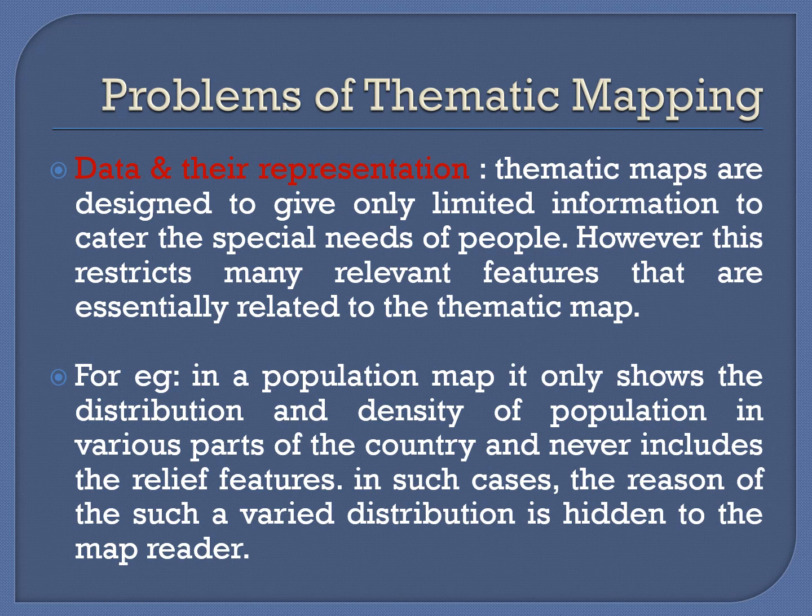But in a population map, they only show the distribution or the density of the population. They never show the relief of that region. Do they? No, never. Population is always connected with relief.